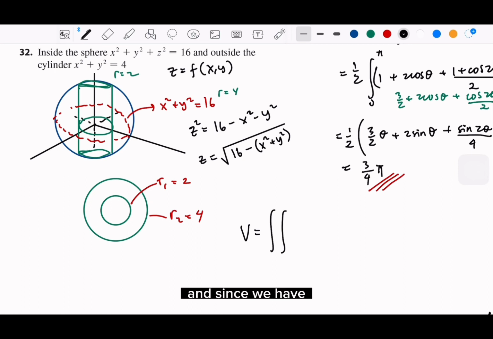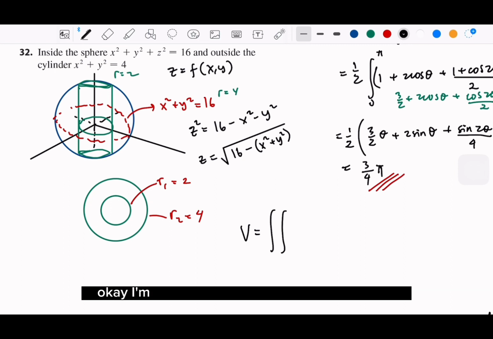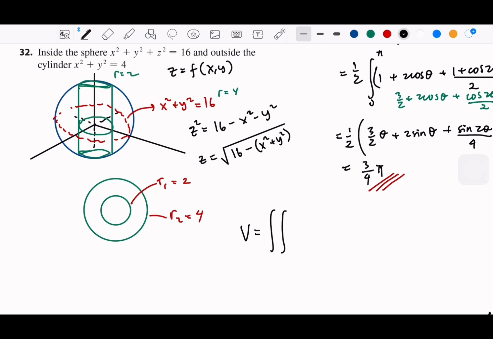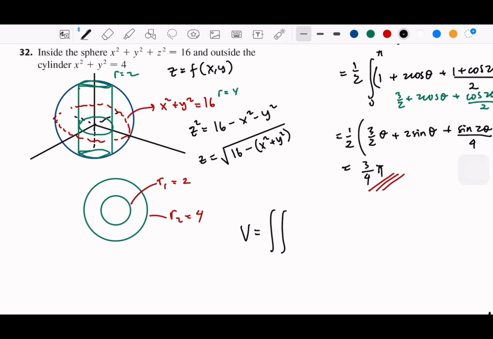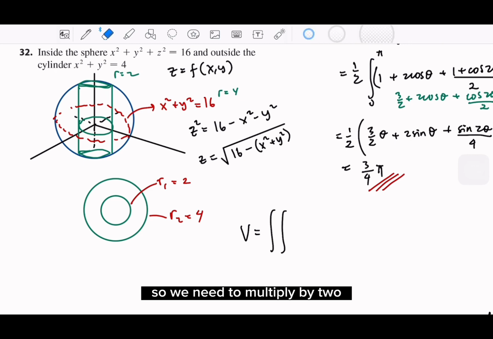And since we have, if I'm writing just this, and then from 2 to 4, this is just evaluated from the xy plane to this top, right? But we have the bottom one, so we need to multiply by 2. You get the idea? Okay. So we need to multiply by 2.